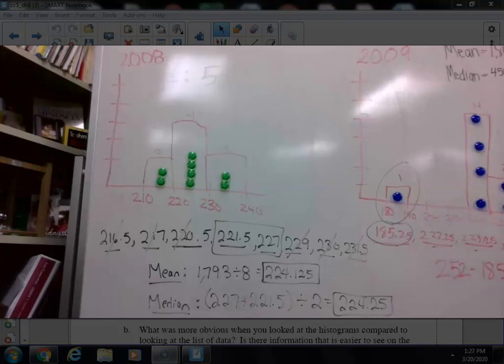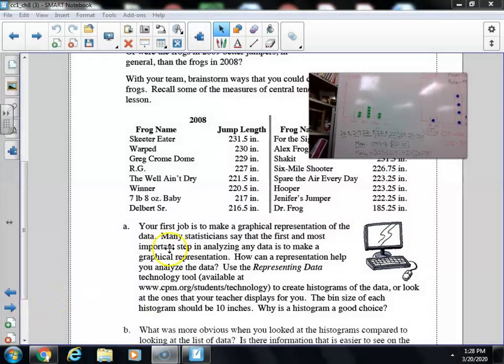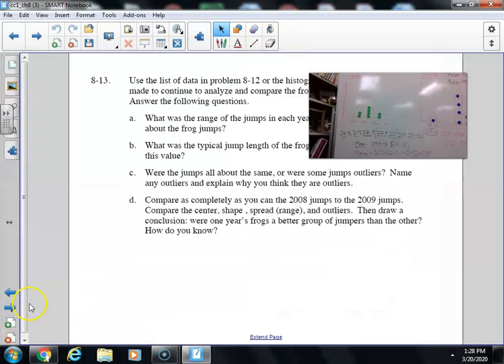Last part of question 13. Compare as completely as you can the 2008 jumps to the 2009 jumps. Compare the center, the shape, the spread, and the outliers. Then draw a conclusion. Were one year's frogs a better group of jumpers than the other? How do you know?